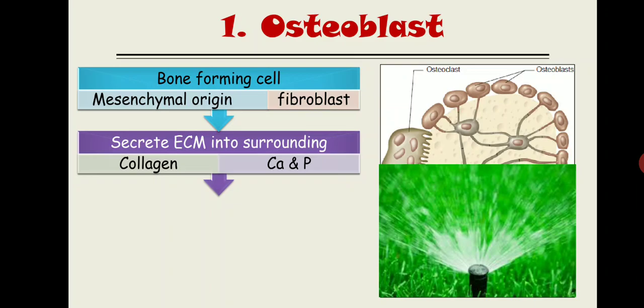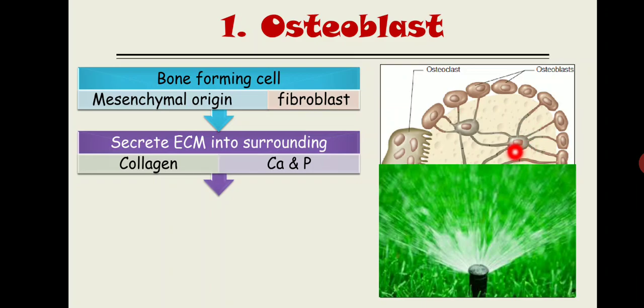So that's how the osteoblast, once it secretes the extracellular matrix, that is collagen and calcium and phosphate, and the calcium and phosphate get crystallized and incorporated inside the collagen, cannot perform any function and becomes entrapped in its own secretion and becomes an osteocyte.